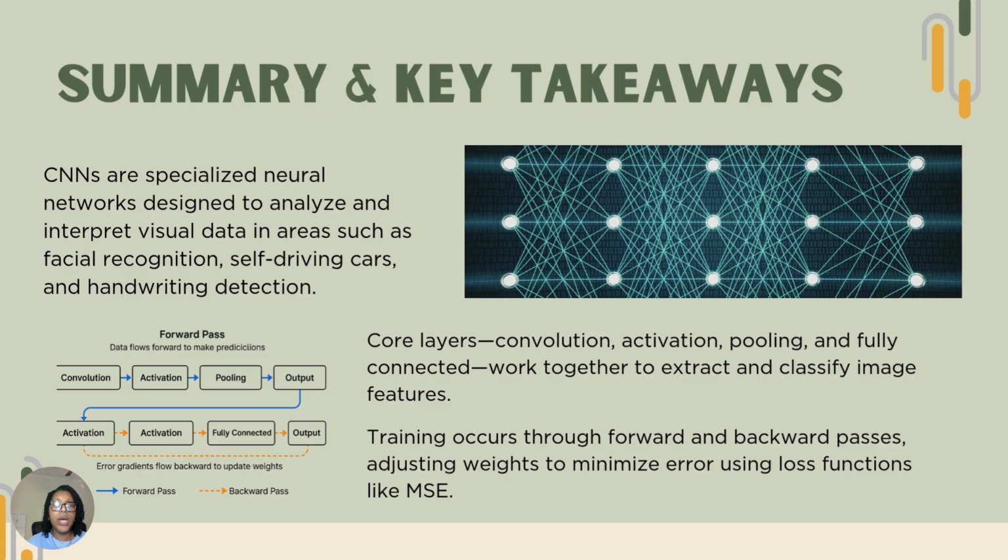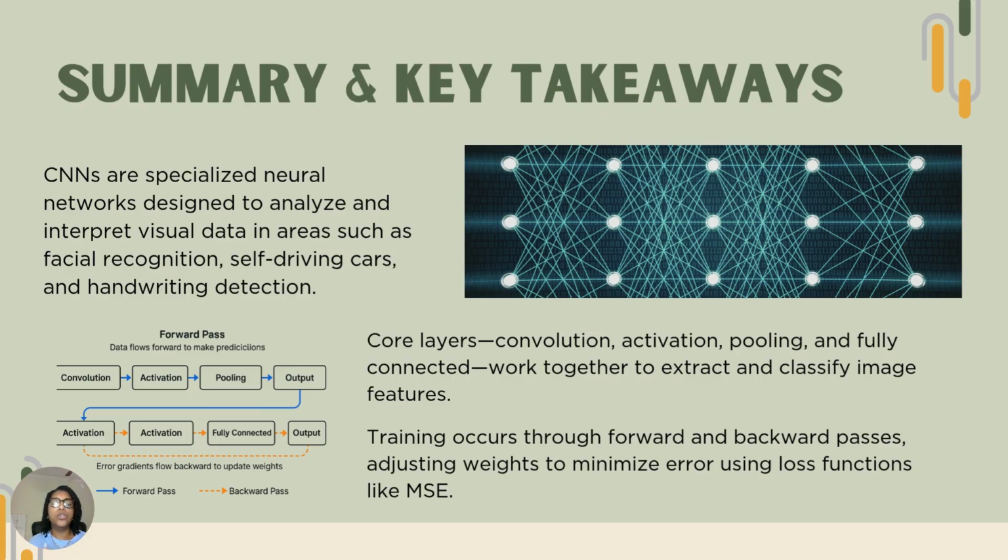So, some key takeaways are neural networks are specialized networks used to analyze images in multiple layers for things such as facial recognition, self driving cars, and handwriting detection. There are some core layers associated with neural networks: convolution, activation, pooling, and fully connected layers.